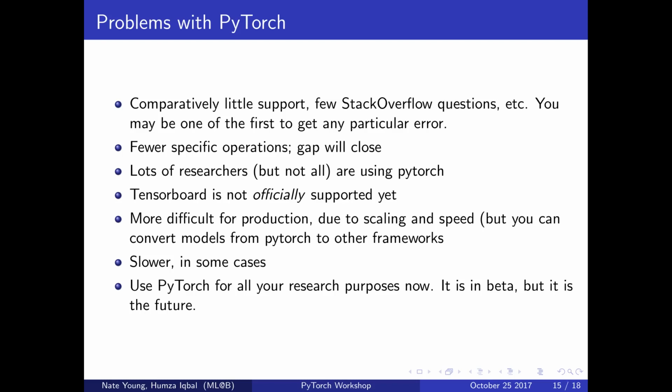Even in the worst case, PyTorch may be twice as slow, but it's twice as fast to write, and it takes you a lot longer to write these things than it does to run them, because you can run them overnight.